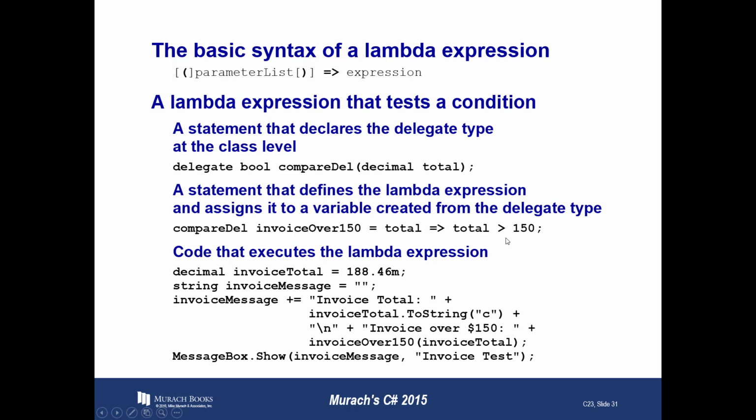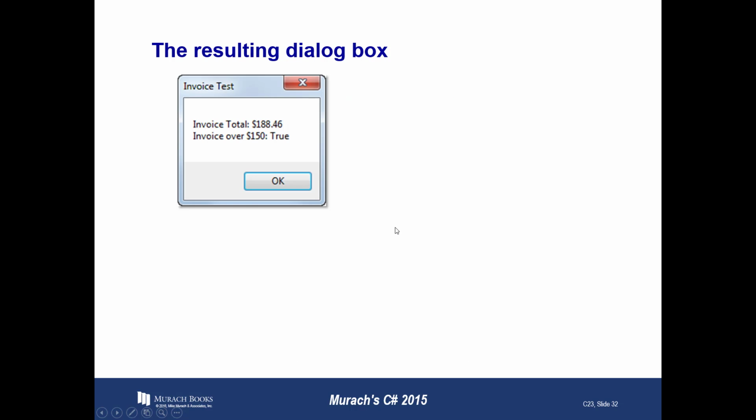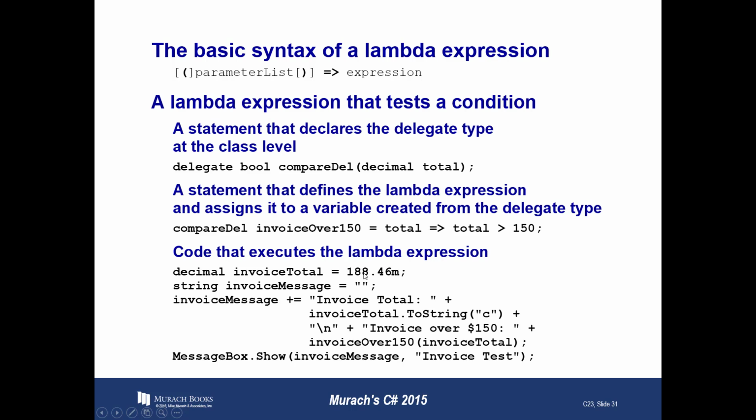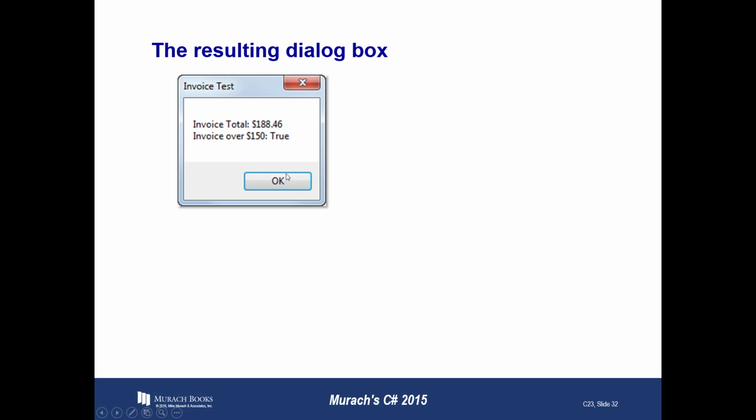So we want the invoices over $150, and they'll be held in a variable called total, and what we will do to get that is we'll check totals of greater than 150. And as you can see right here, we're saying that it's 188.46, and we're checking to see whether or not indeed that is greater than 150, and it is.